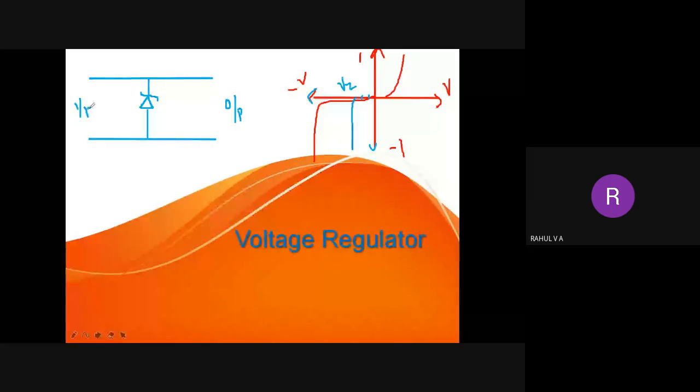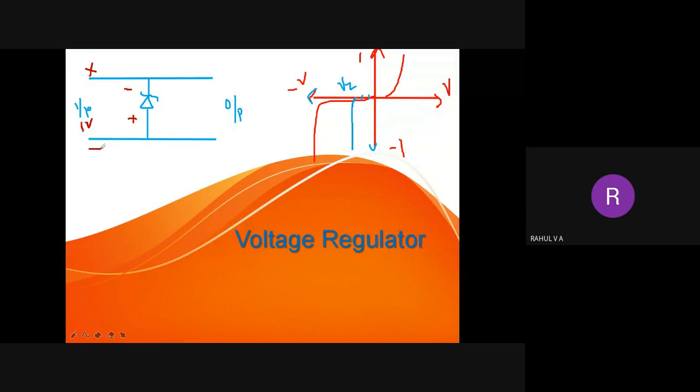This is the Zener diode. First I am making it 1 volt. So that means it is a negative voltage, reverse bias condition. This is the positive end. The positive terminal of the supply is connected to the cathode of the Zener diode, and the anode of the Zener diode is connected to the negative terminal. That means the Zener diode is now in reverse biased condition.